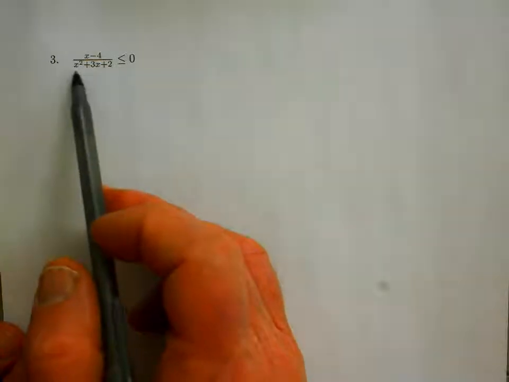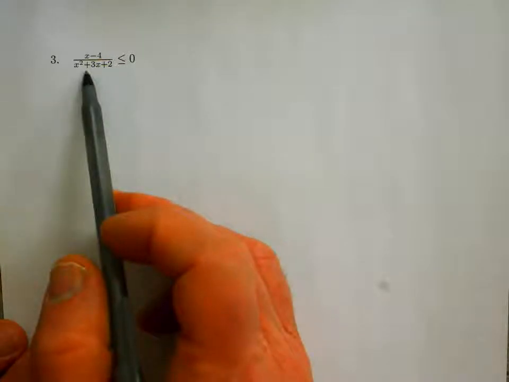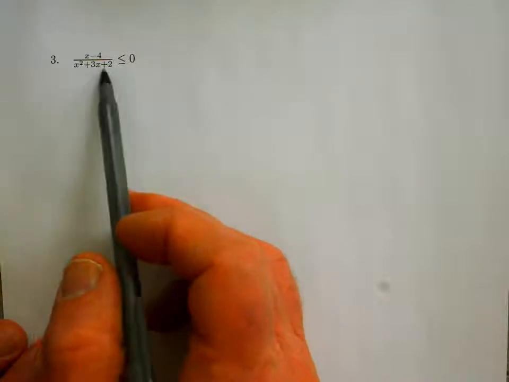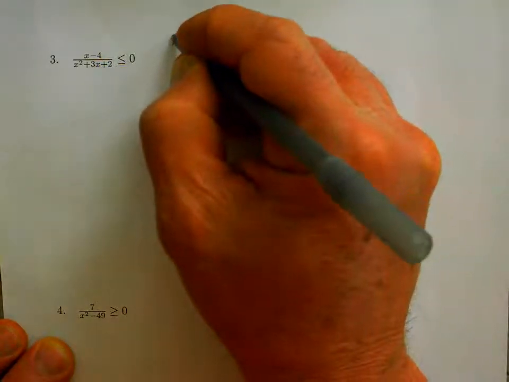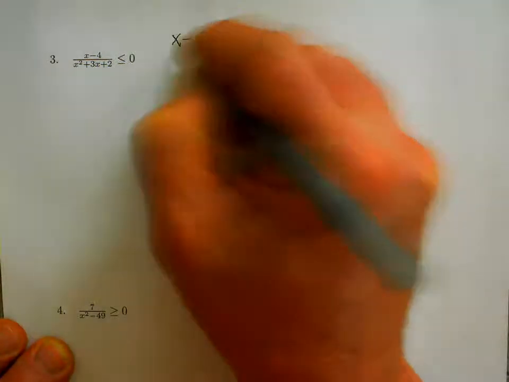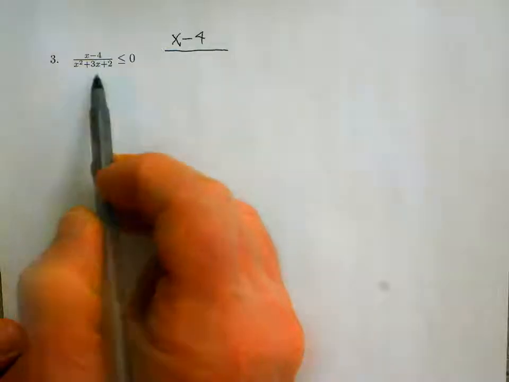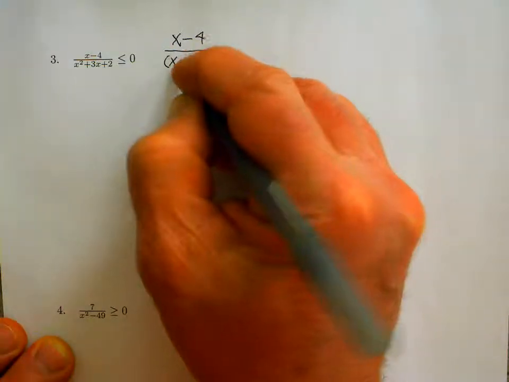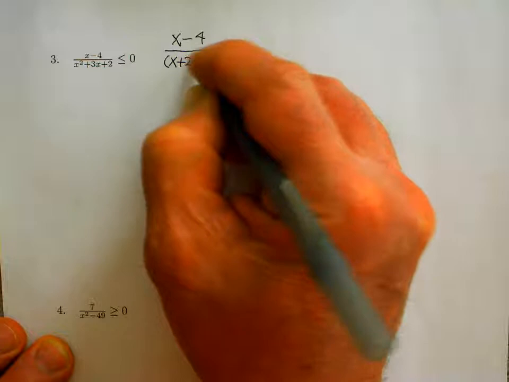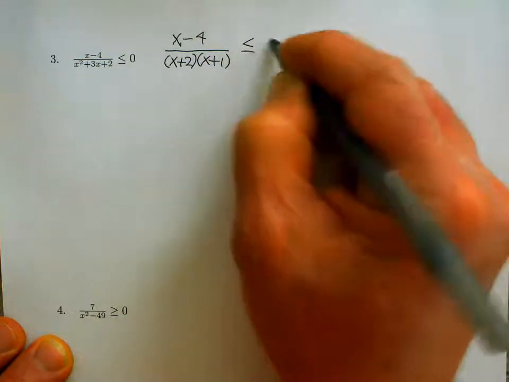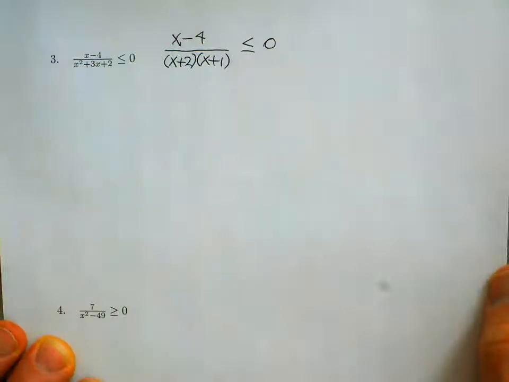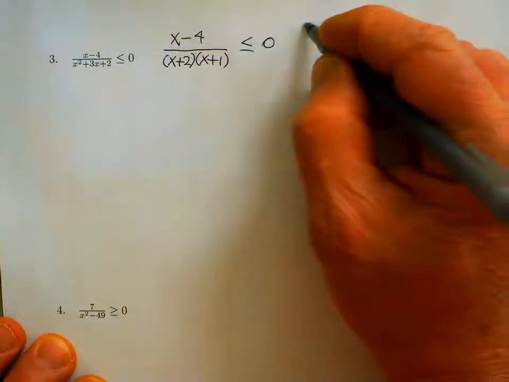It's not too hard to find the x values that make the denominator 0. We can just factor the denominator. So let's just rewrite this inequality with the denominator factored. The denominator in factored form is x plus 2 times x plus 1. So we can identify the endpoints now.